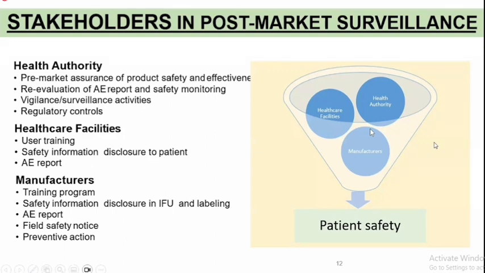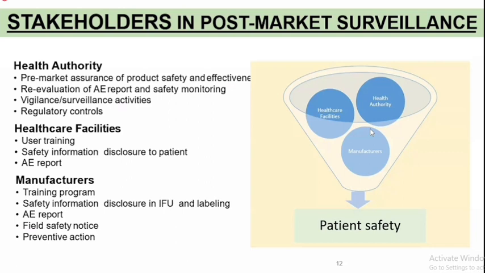Now, who are the stakeholders in post-market surveillance? Who performs what roles? Through this slide, I'll be discussing that. First are the health authorities. These health authorities work for pre-market assurance of product safety and effectiveness, for evaluation of adverse event reports and safety monitoring, for vigilance and surveillance activities, and the regulatory controls. Then come the healthcare facilities, whose duties include user training, safety information or disclosure to the patient, and adverse event reporting.